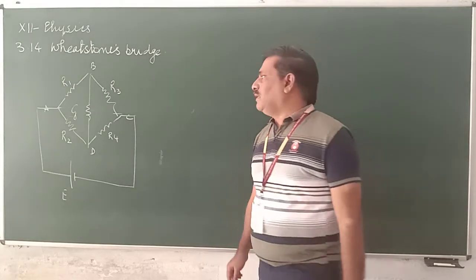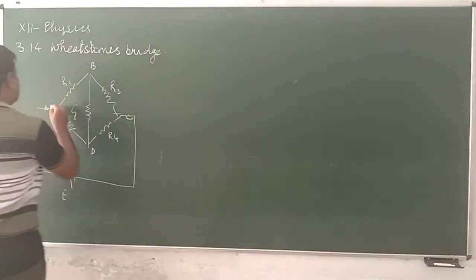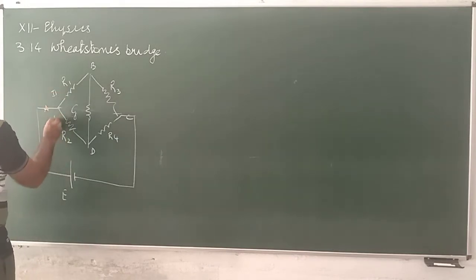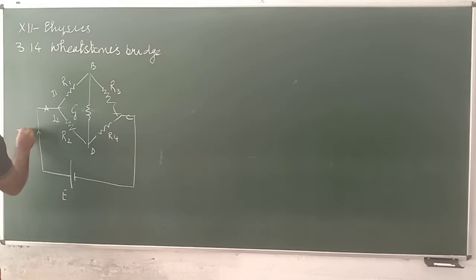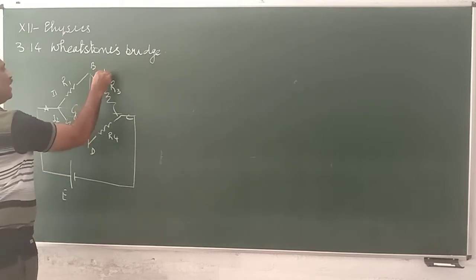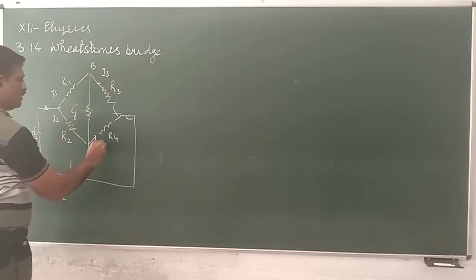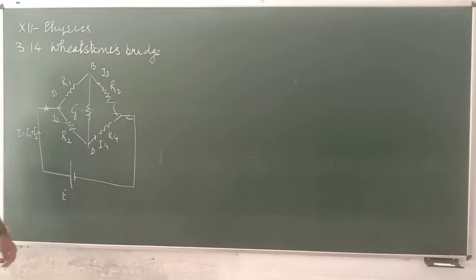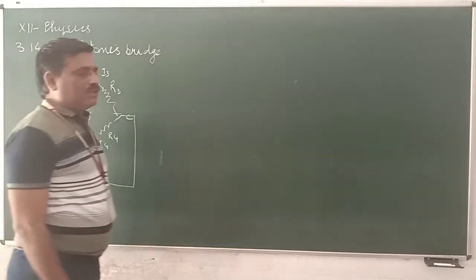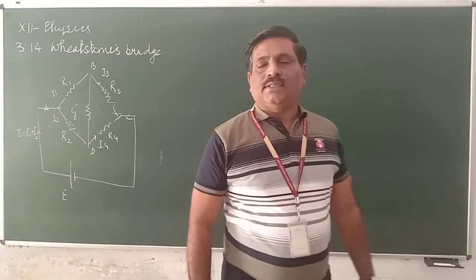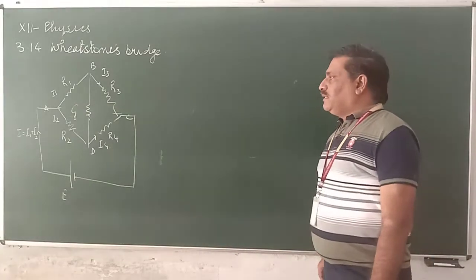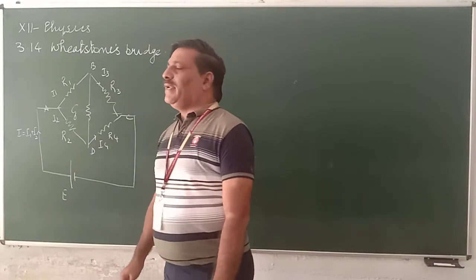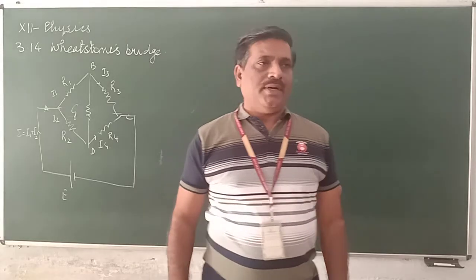Now let's see. Suppose that the current I1 flows through this one and I2 flows through this. I is equal to I1 plus I2. Then here let us consider I3 and I4. The Wheatstone's bridge circuit works when there is no current through the galvanometer.